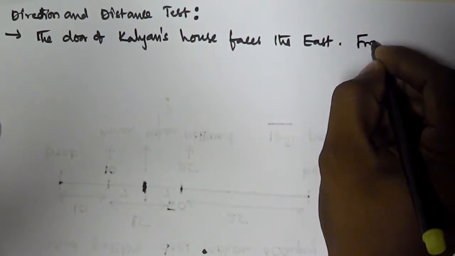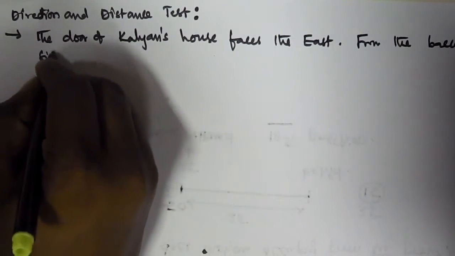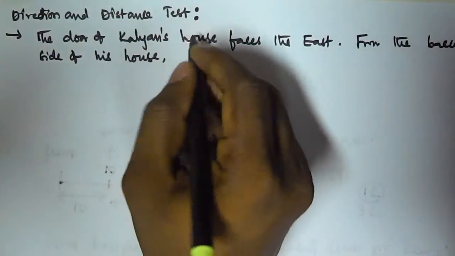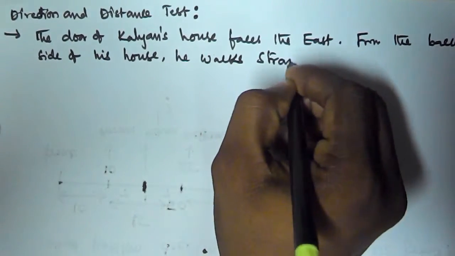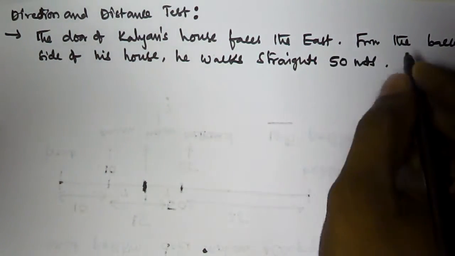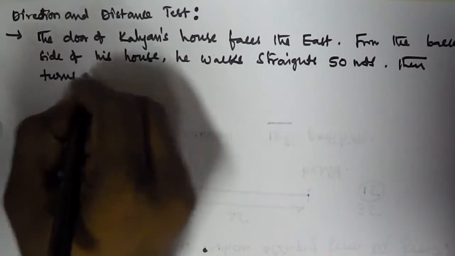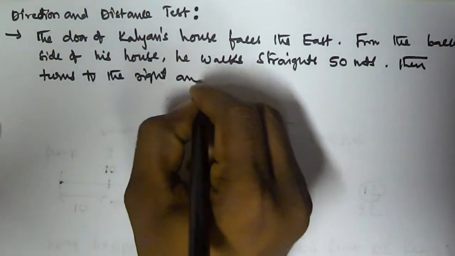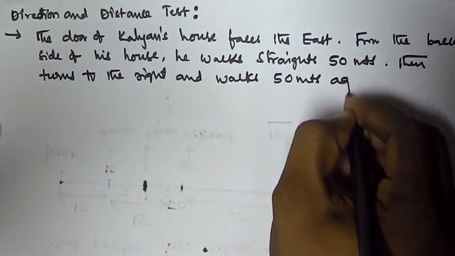From the backside of his house, he walks straight 50 meters, then turns to the right and walks 50 meters again.